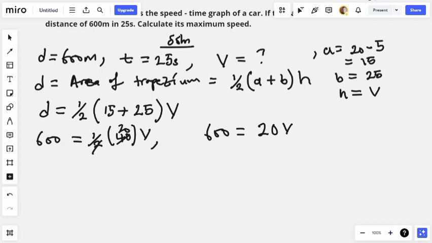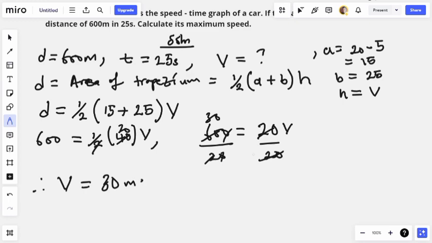So we now make v the subject of the formula by dividing both sides by 20. So our maximum speed equals what? 30 meters per second. That's how to do that. Thank you.